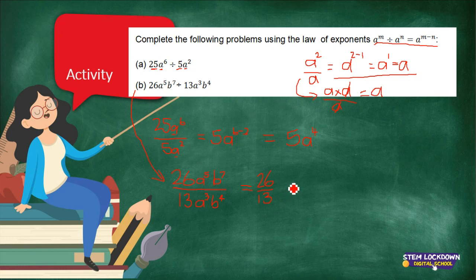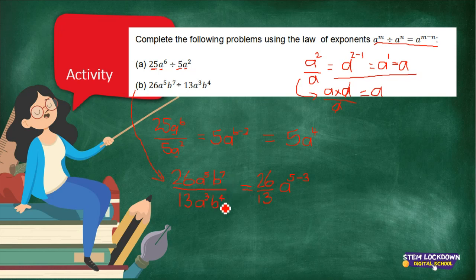Then I'll say, according to the rule, if I'm dividing similar bases, you must subtract their powers. So in this case, it will be 5 subtract what, learners? Yes, subtract 3. So 5 subtract 3. There's your 5 on top, there's your 3 at the bottom, right?